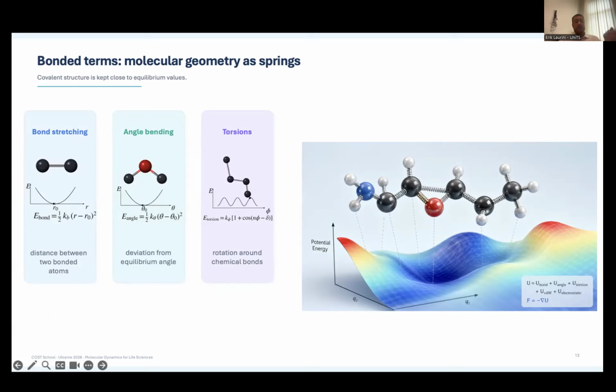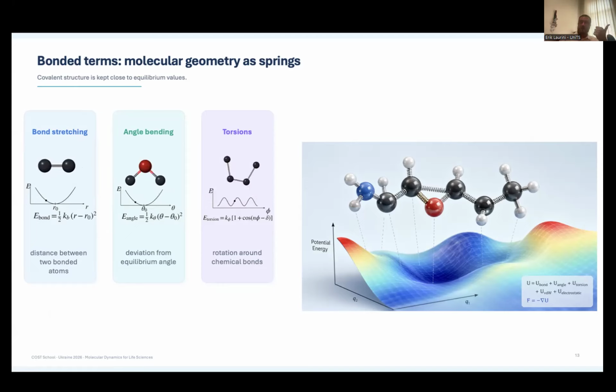What does it mean? It means that if I want to solve this equation in the force field, I have to find the exact value of Kb, the spring constant, and R0. And this Kb and R0 obviously depend on what? On the kind of bond.